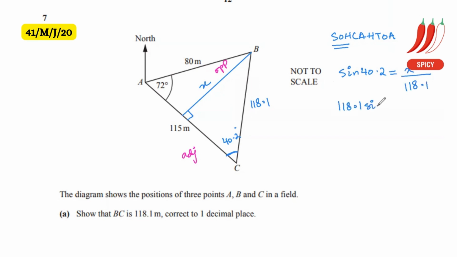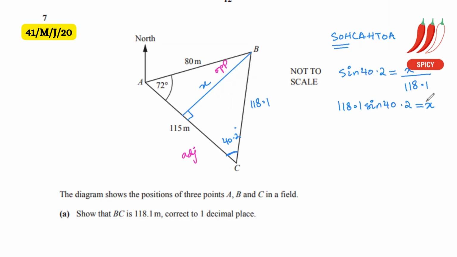118.1 times sine of 40.2 equals x. Remember, the 118.1 is always written before the sine, not after. You're not doing sine 40.2 and then multiplying the angle with the length. It's the length, then sine 40.2. If you do sine 40.2 times 118.1, that would give the wrong answer.